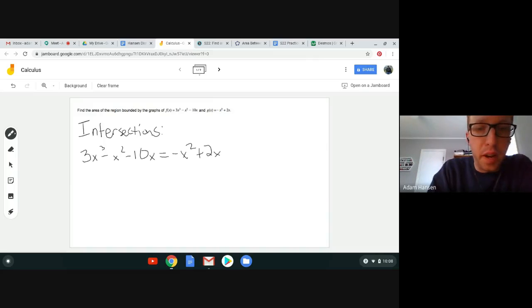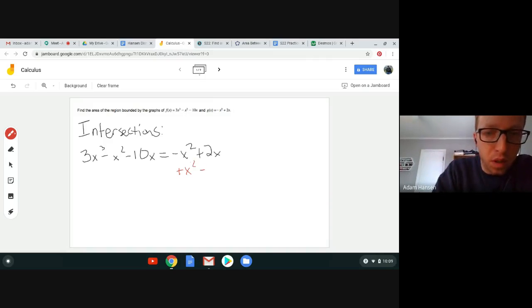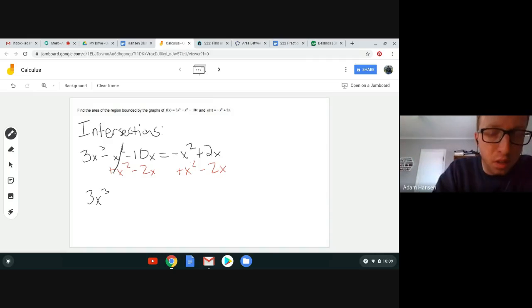Let's see here. If I add x squared and subtract 2x, that leaves me 3x cubed, those cancel out, minus 12x equal to 0.